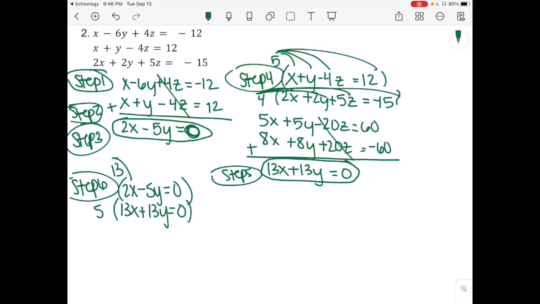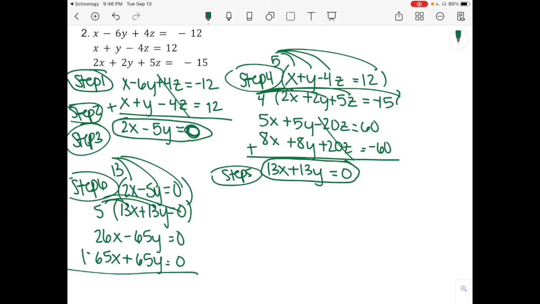So lots of multiplying in here. So 13 times 2 is 26x, and then 13 times 5, so negative 65y, and then equals 0, because 13 times 0 is just 0. 5 times 13 is 65x. 5 times 13 is 65y. And then 5 times 0 is just 0.